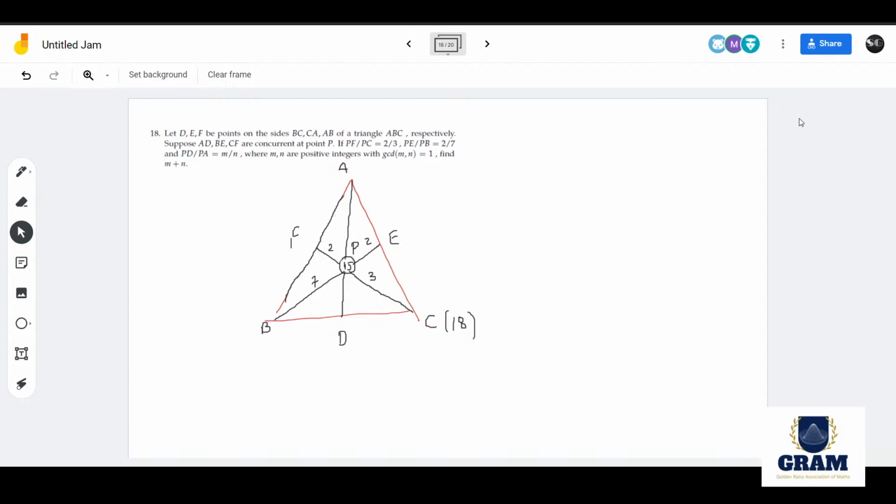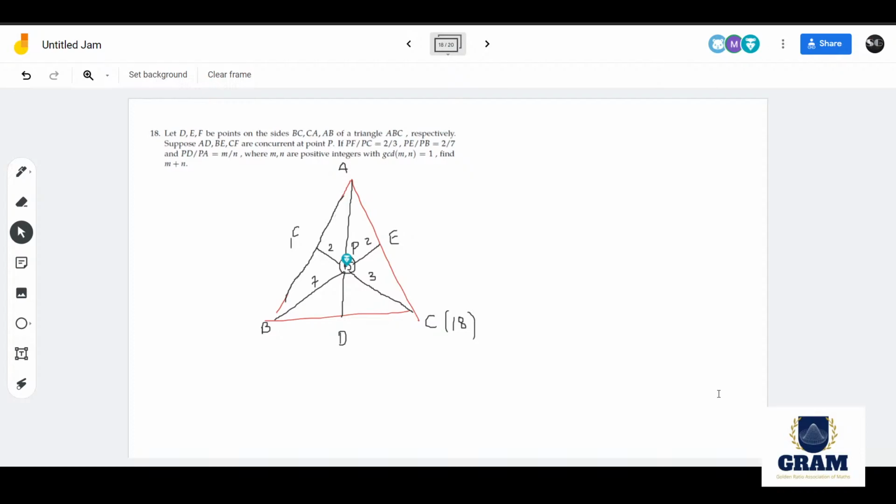Yeah, and the mass at the point F is 27, and the mass at C is 7 times 5, that is 35. Mass at E is 35 and mass at B is 10.